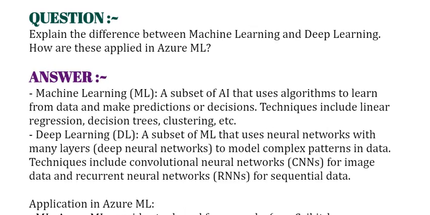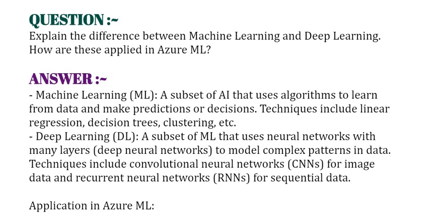Our next question is, explain the difference between machine learning and deep learning and how are these applied in Azure ML? Your answer should be, machine learning, ML, is a subset of AI that uses algorithms to learn from data and make predictions or decisions.